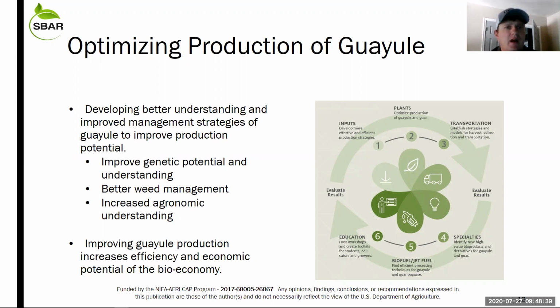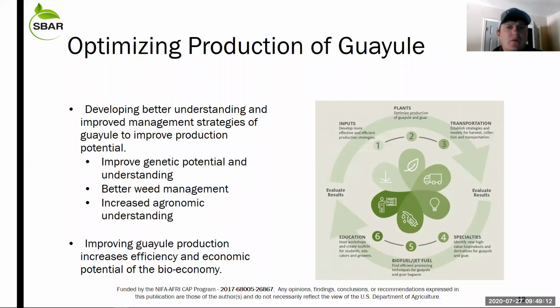So we want to develop a better understanding and improve management strategies of Waiuli and this great feedstock, so that we could really expand on the economic driver of this whole feedstock and this whole breeding pipeline. So really what we're doing in our lab and a lot of our research, as Dennis mentioned, focusing on improving weed management strategies to allow us to produce it better, a better understanding of irrigation strategies so that we could be more refined in our use of water.